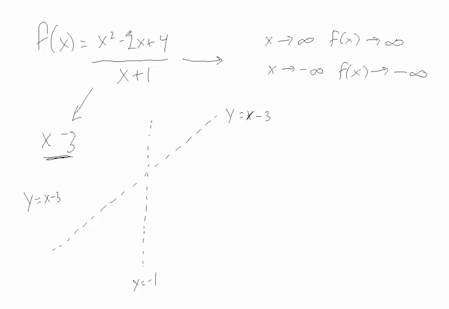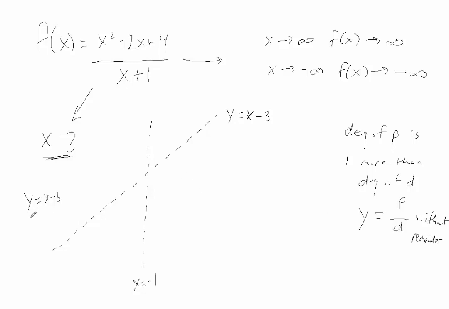So we're looking at a case where the degree of the numerator is 1 more than the degree of the denominator, and we'll get some line, y equals the quotient without the remainder.